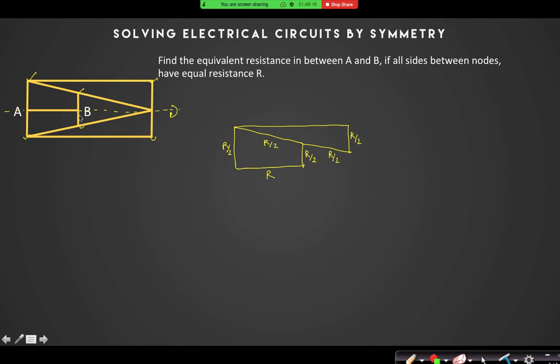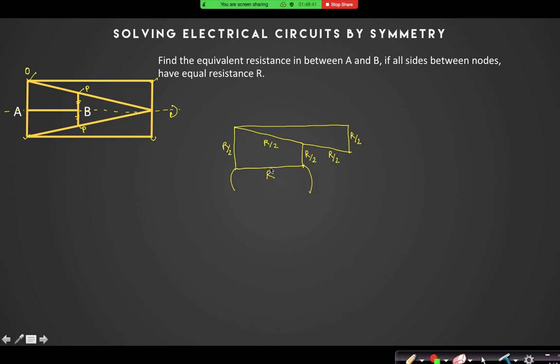Can you understand what I have drawn here? They were in parallel, so the resistance becomes half. Say that this point is at potential P, and this point is also at potential P. So the two resistors are there in between B and P. So they will be in parallel, yes or no?